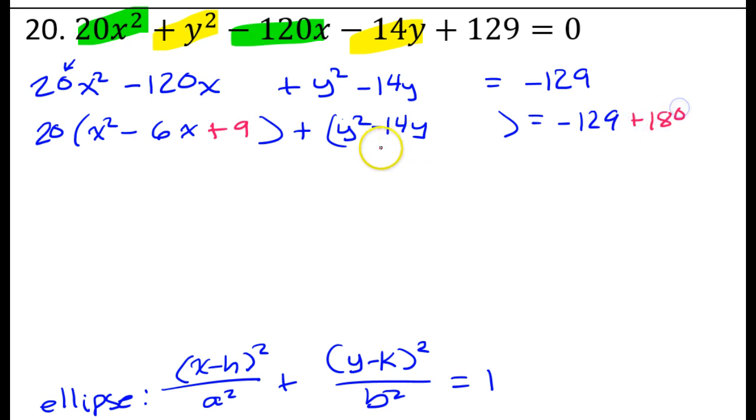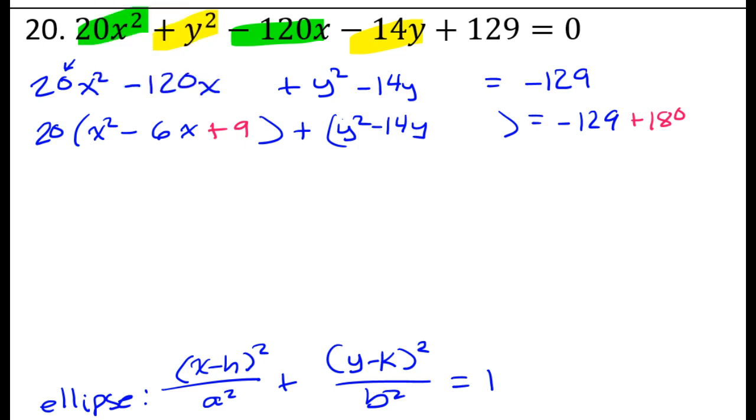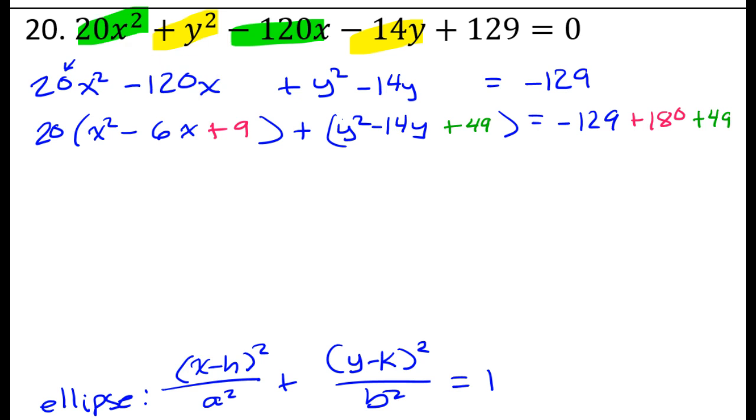Half the middle squared right here is negative 7. Well, half of this is negative 7. Square it, you get 49. There's nothing to multiply by, so I'm just going to add 49. If I factor this, I will have 20 times, and this will factor as x minus 3 squared.